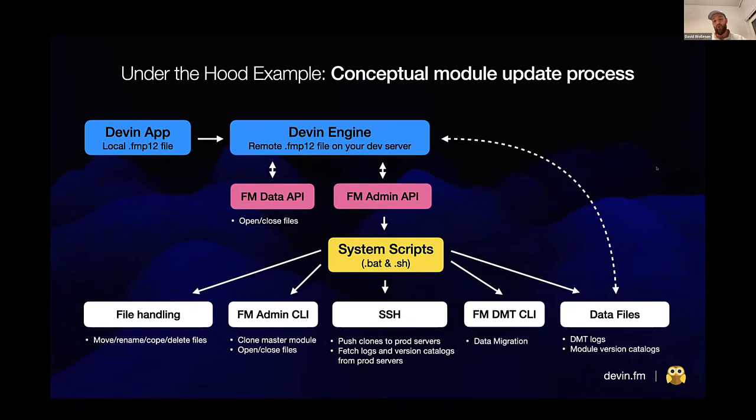They are written by the system scripts, stored on the server, sent back via SSH, and then read by the Devin engine using the Read Data File script step. That's how the whole migration process is monitored, and it's also how the whole version handling is made. That's in a lot of JSON files.